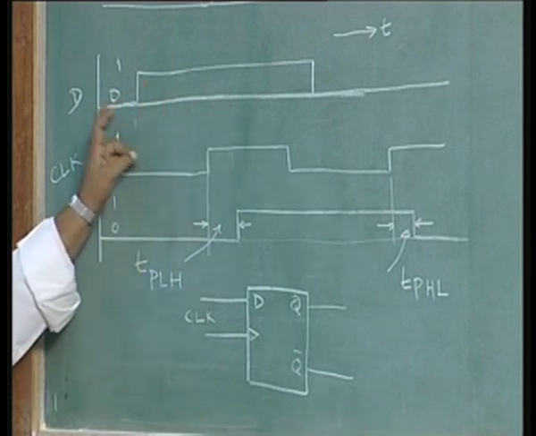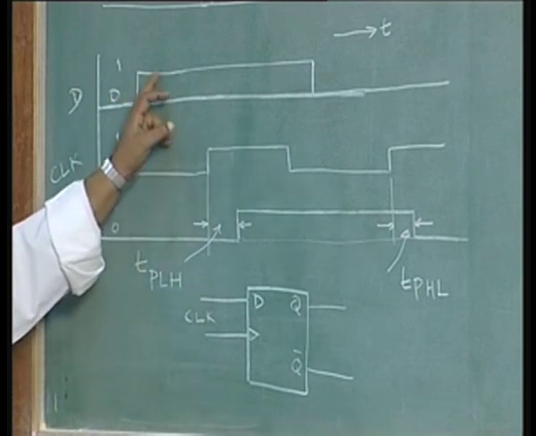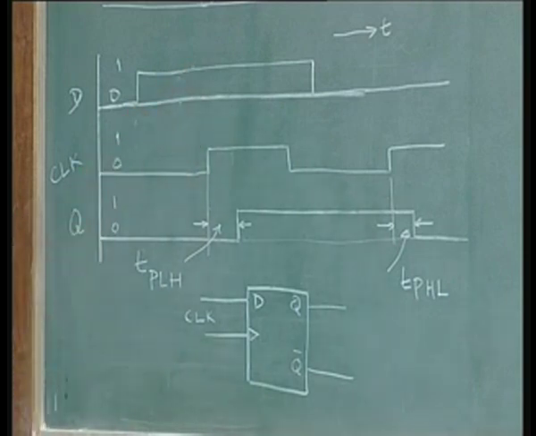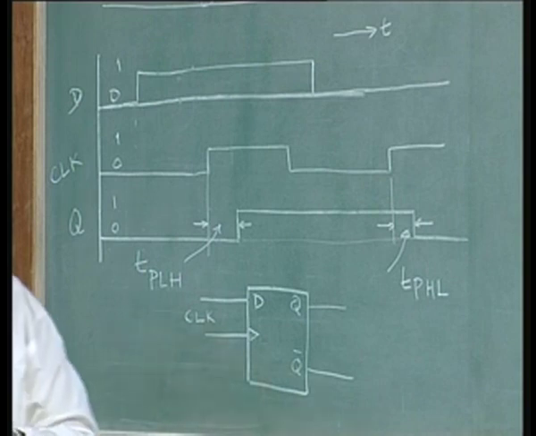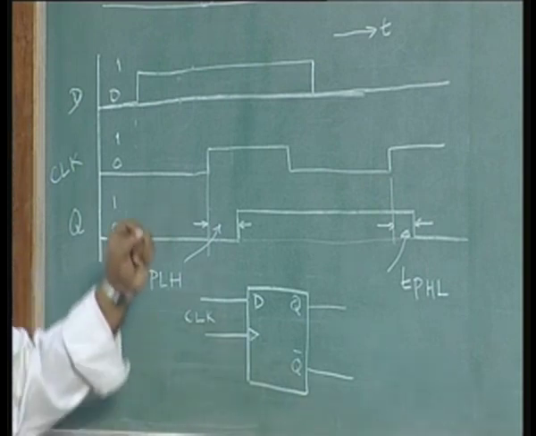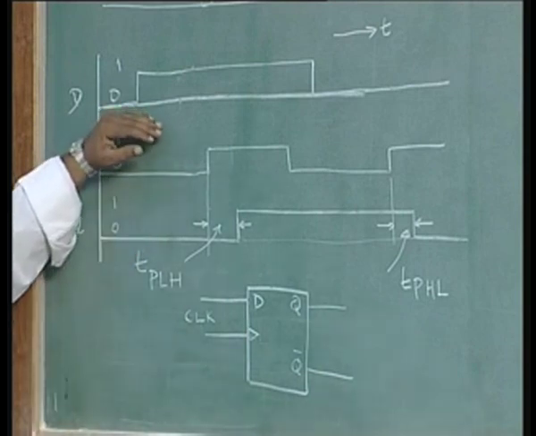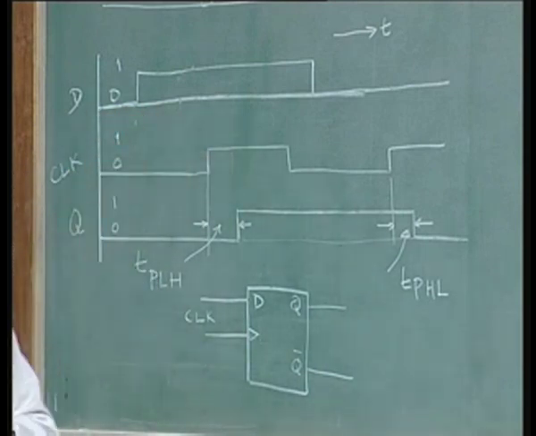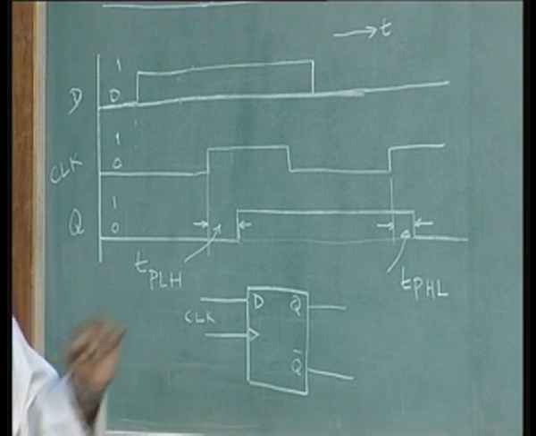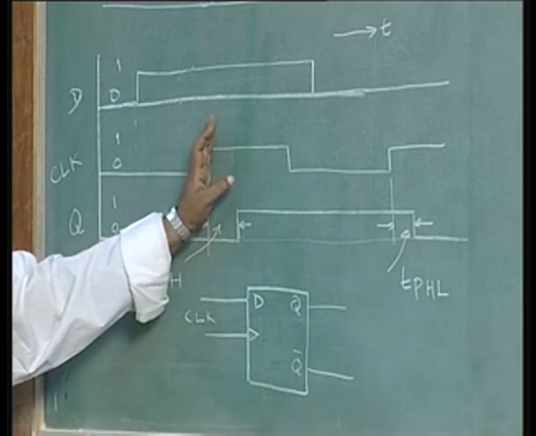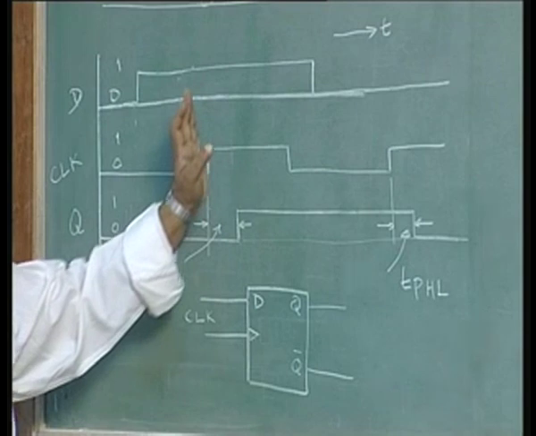Instead of D changing from 0 to 1 here, suppose it changes from here or here or here. Is there any restriction or condition which says how soon or how early D should change before the clock edge arrives, in order for the clock edge to recognize this change and transmit it to the output?